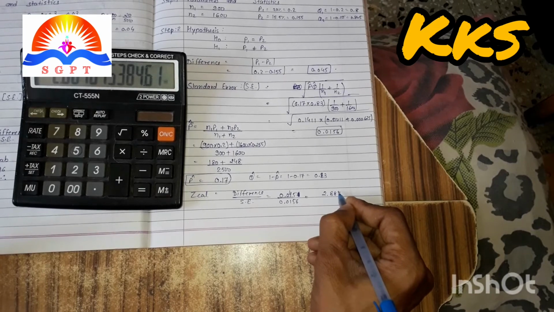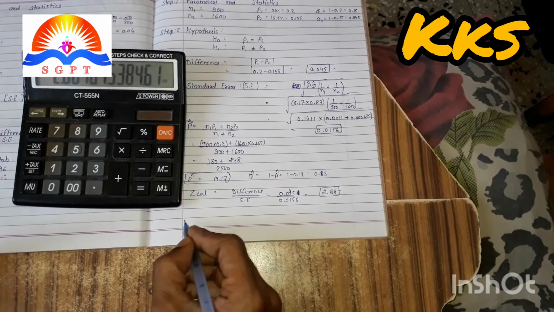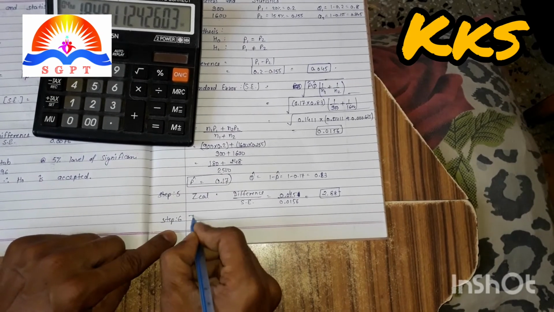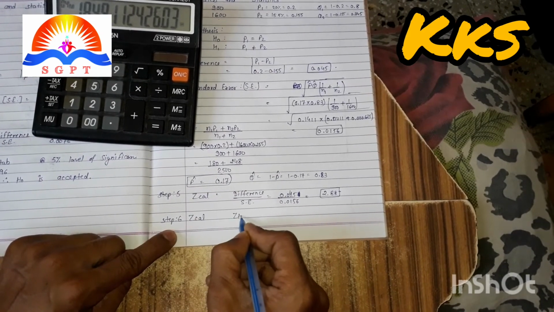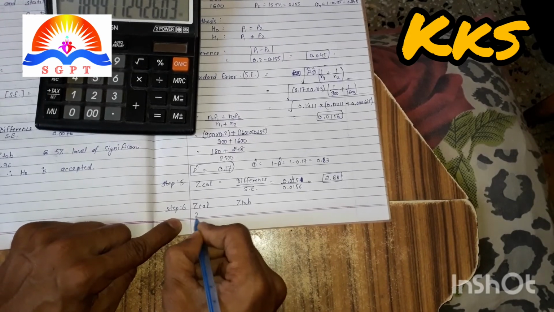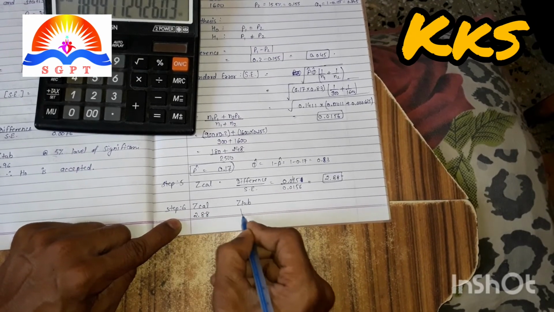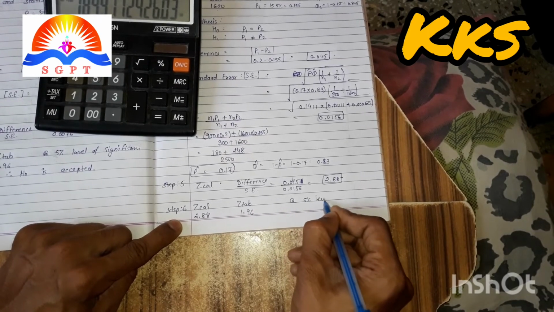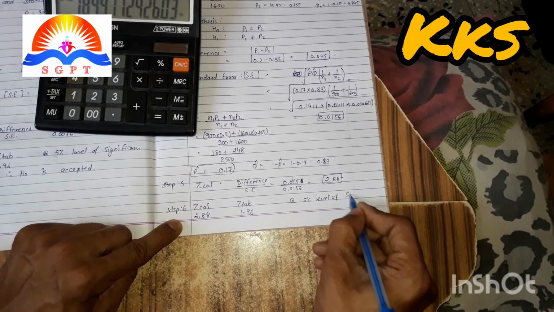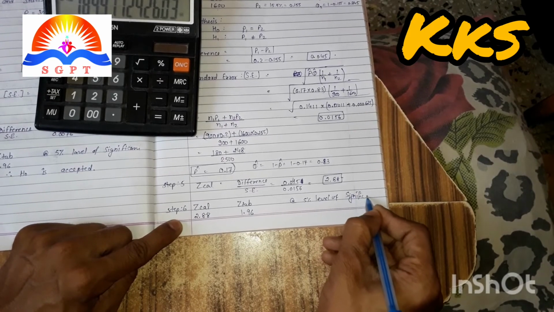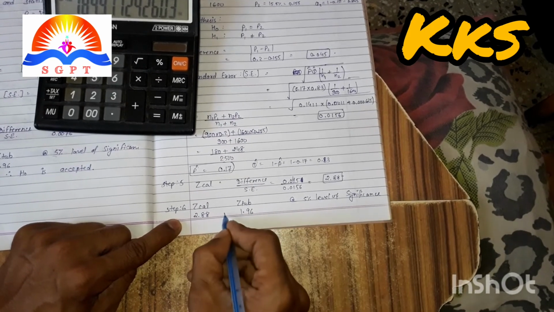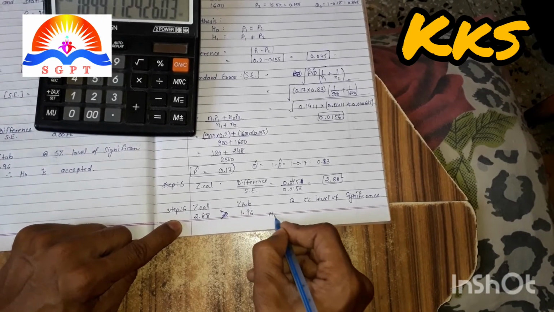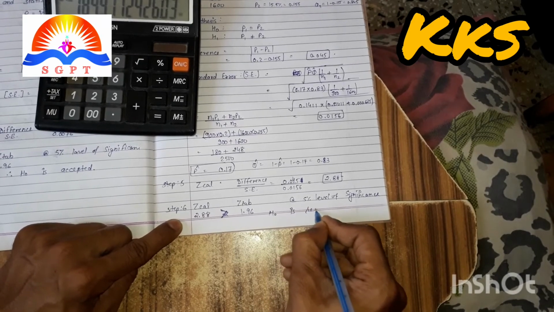So the last step is step 6, ZCal and ZTab. ZCal is 2.88 and ZTab is 1.96 at 5% level of significance. ZCal is greater than ZTab, so the hypothesis is rejected.